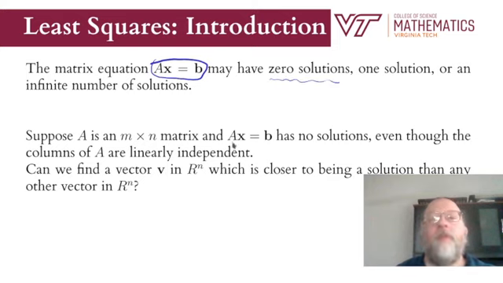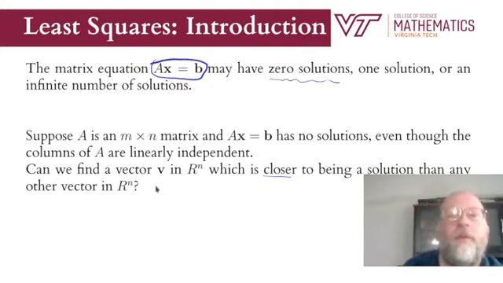Suppose we have a matrix and AX equals B has no solutions, even though the columns of A are linearly independent. Can we find a vector V in Rn which is closer to being a solution than any other vector in Rn? In other words, is it possible to find some vector that, even though it's not an exact solution, is the very best approximation we can get?